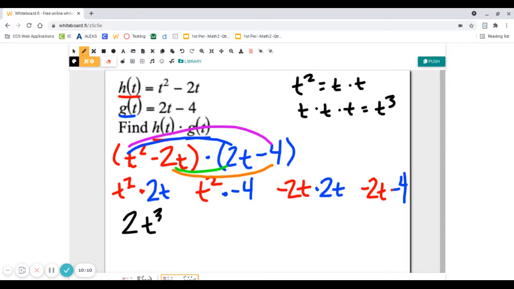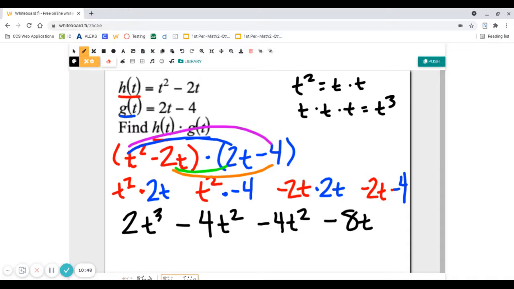Next, I have negative 4, and there's no t here, and I'm multiplying it by t squared. This becomes negative 4t squared. Next, I have the coefficients negative 2 and positive 2. That becomes negative 4. And the t times another t becomes t squared. Next, I have negative 2 times negative 4. That becomes negative 8. And there's only one t there.